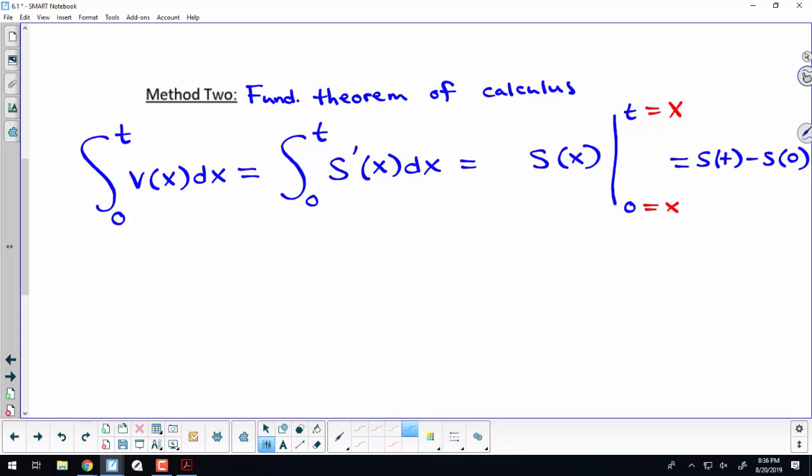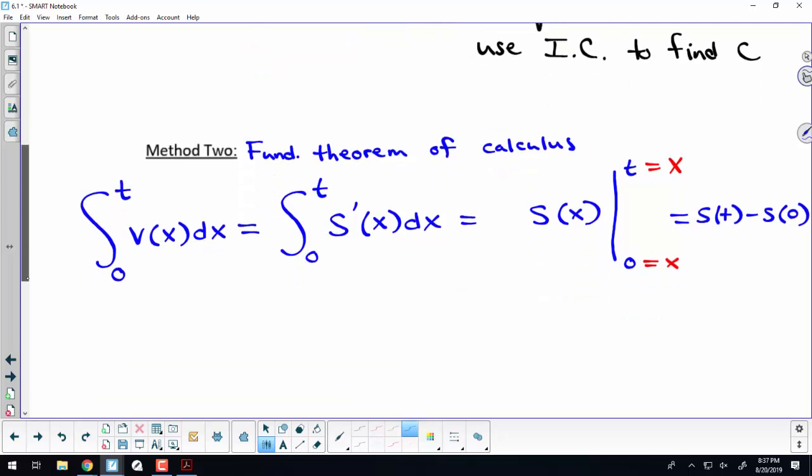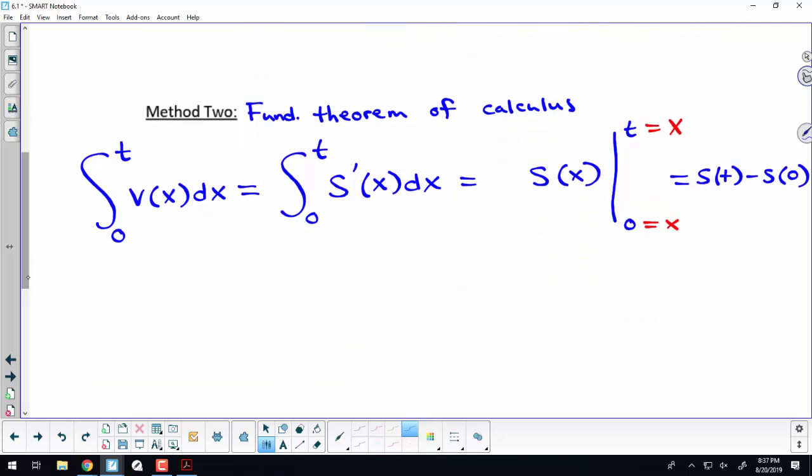Well, it helps us because, again, what we're after is this s of t function. I can find the constant of integration via the initial condition. But notice that initial condition is now here. S of 0 is my initial condition. S of t is what I want to find. So let's look at what we started with and what we ended with, and we're going to take those two statements and just solve for S of t.